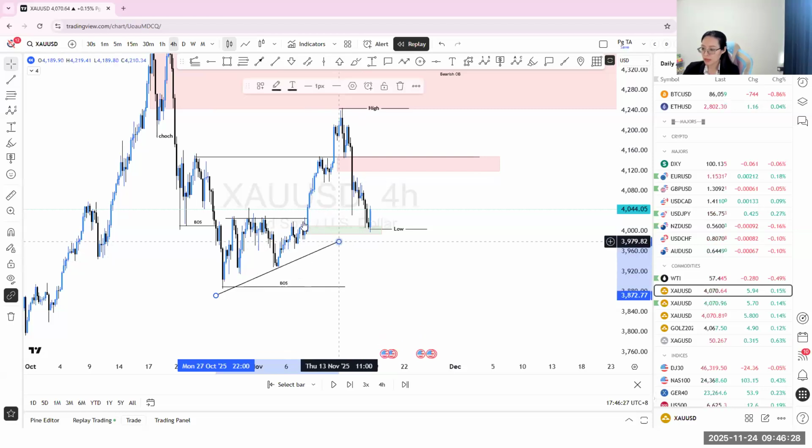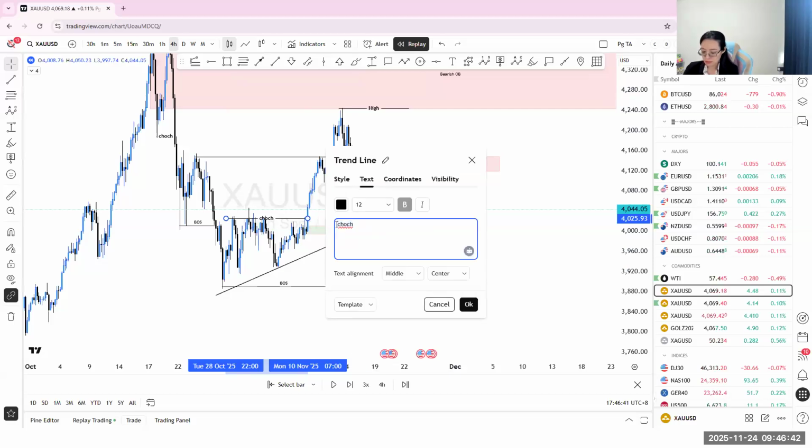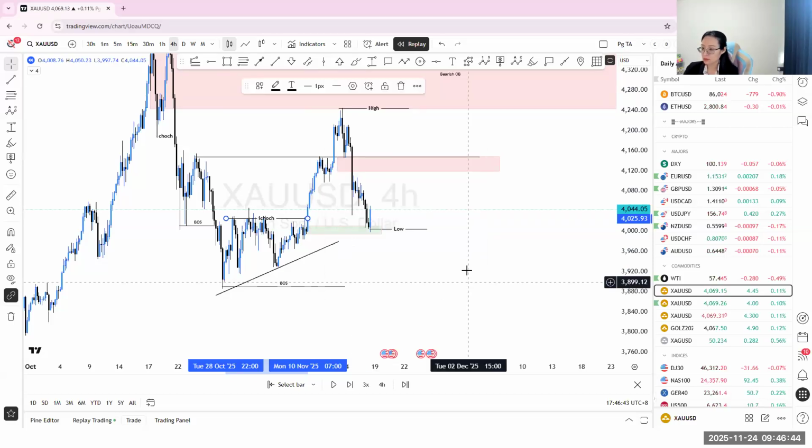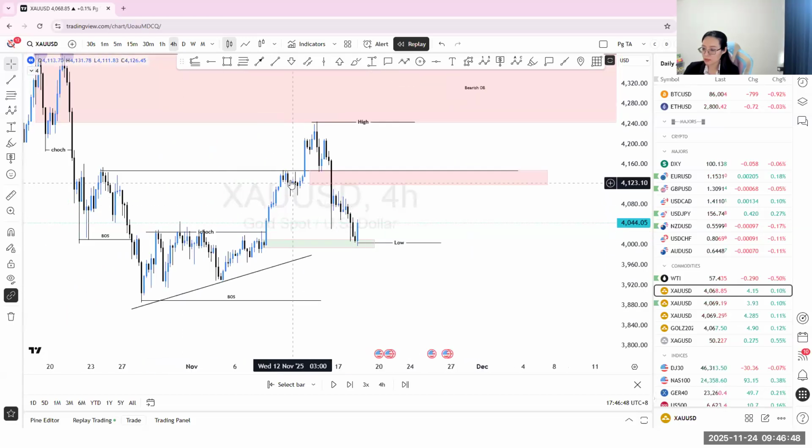And this is the resistance, right? After that price has closed above, they are changing from bearish to bullish. So this is gonna be your internal change of character.